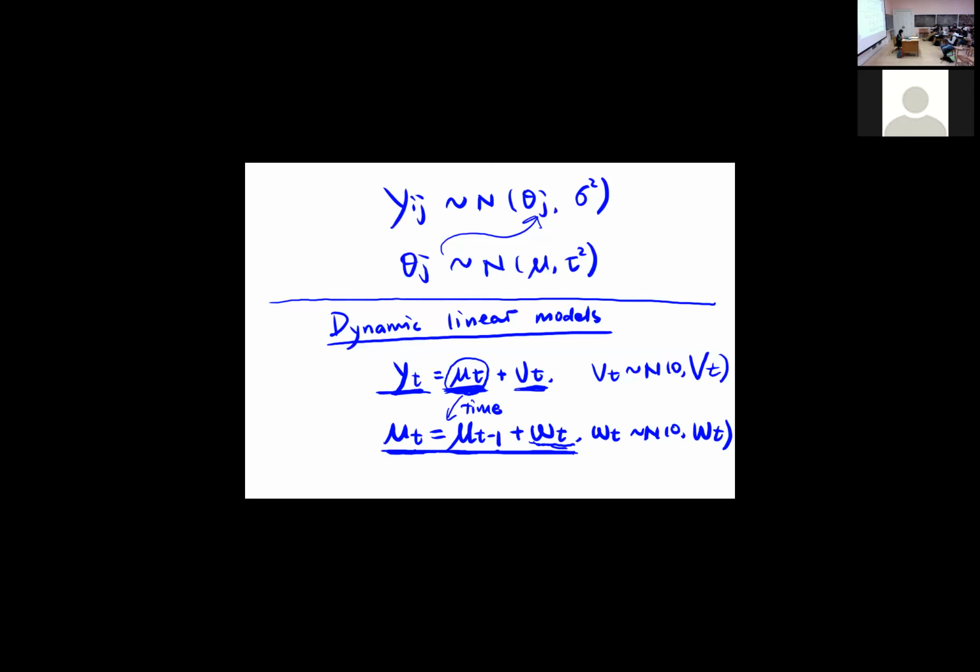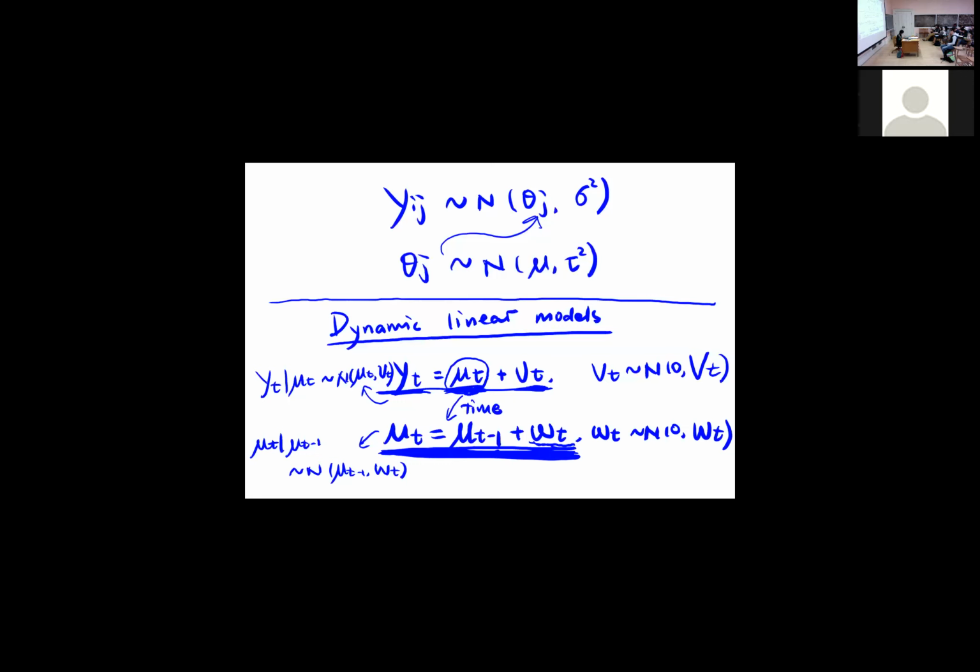Okay, so to me, a lot of times I would think of this as another normal, because if you rewrite this, it will be y_t is normal mu_t and v_t, right? And this will be mu_t given mu_t minus 1 to be a normal mu_t minus 1 with a different variance. Okay, so you can think of this as in the underlying latent level, I have a regression, okay, but a time dependence regression over there.